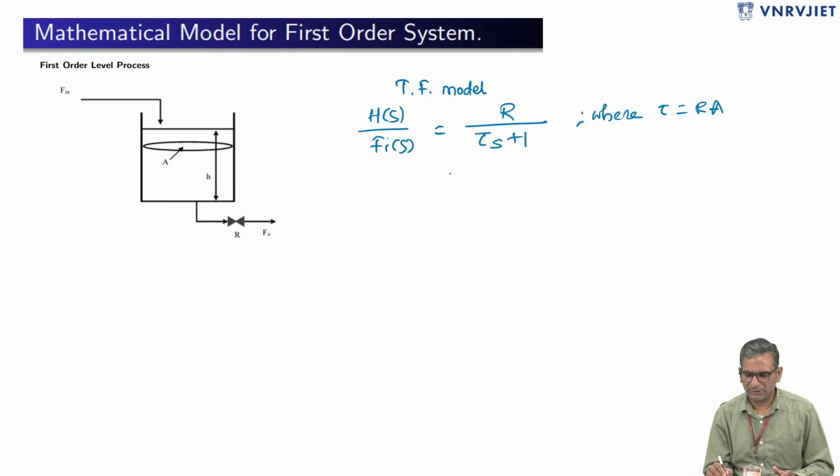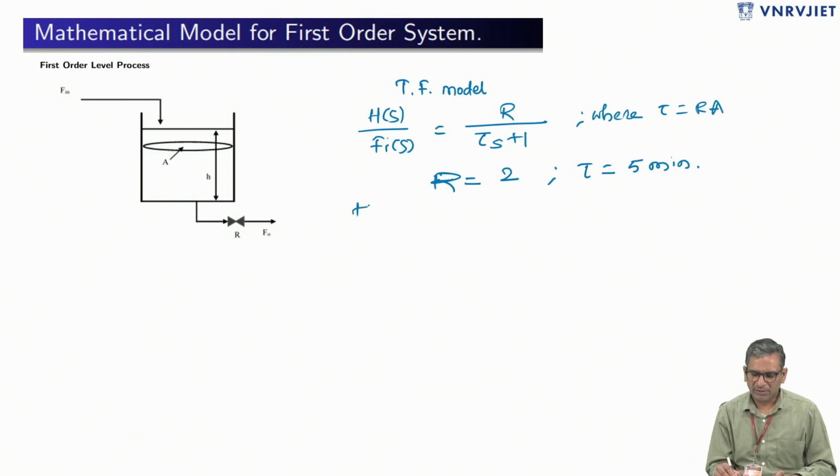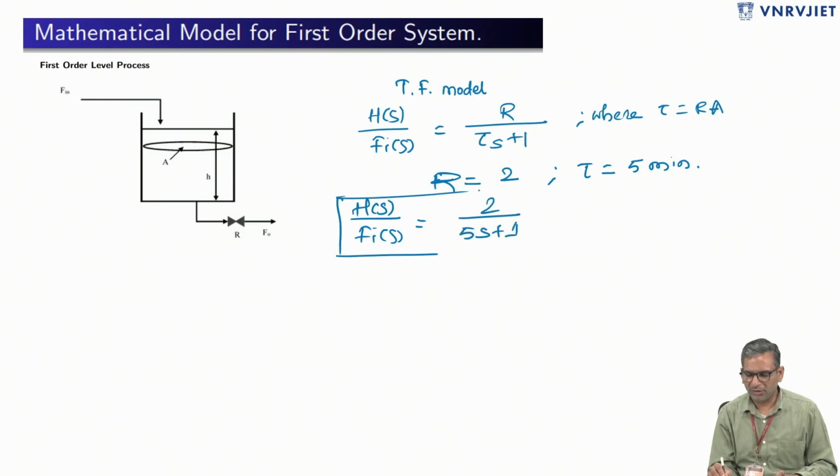For example, R is equal to 2, and tau, let's say, 5 minutes. So I got this transfer function model, h of s divided by phi of s equal to 2 divided by 5s plus 1. Let's say this is the model that we got for my process tank.